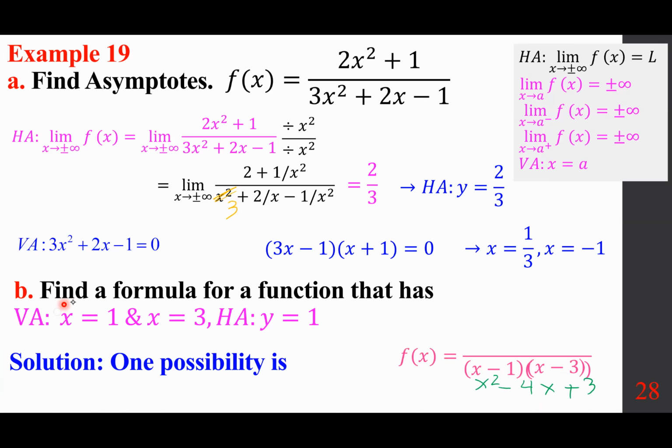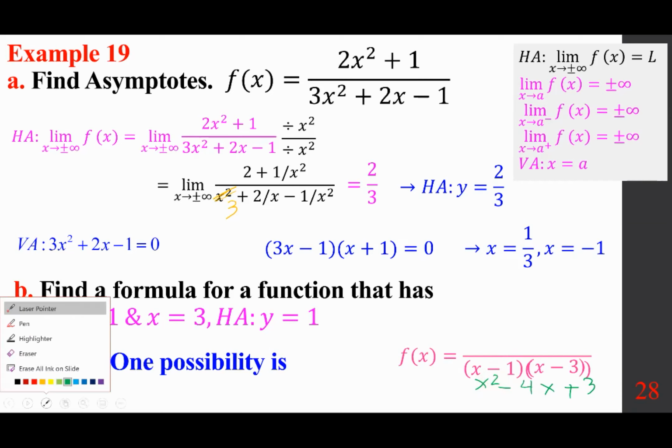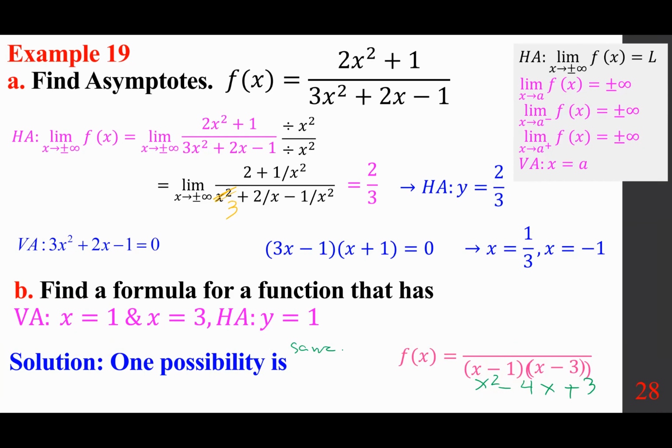Because this is x squared, in the numerator, if we want y to be 1, it has to have the same degree, namely 2. So the numerator has to be x squared. Why not, for example, 5x squared? If we had 5x squared, then y would be 5 over 1, which is 5. So we need x squared at the top.